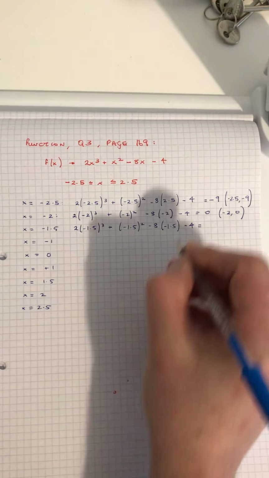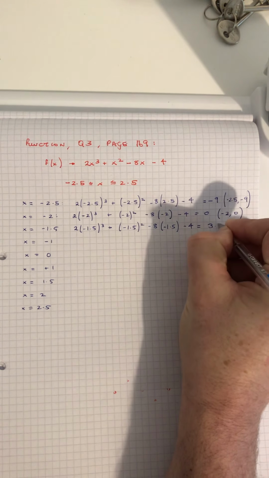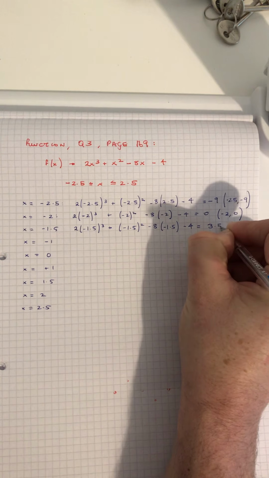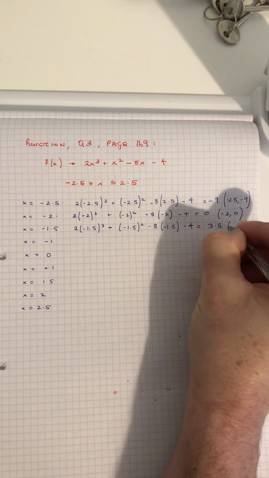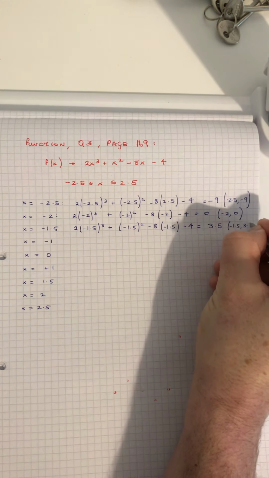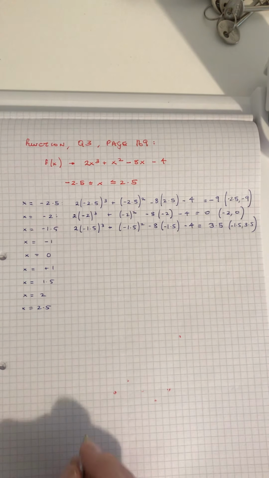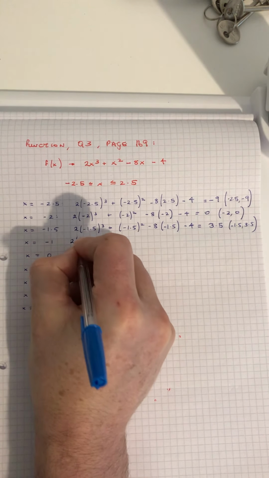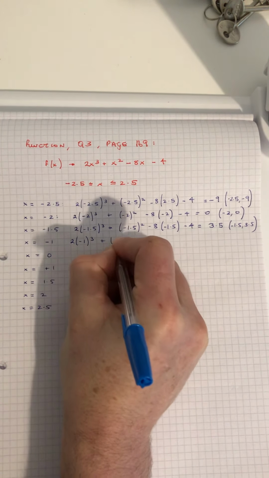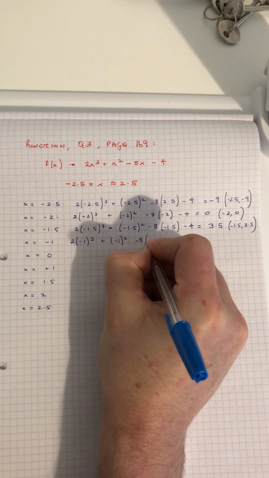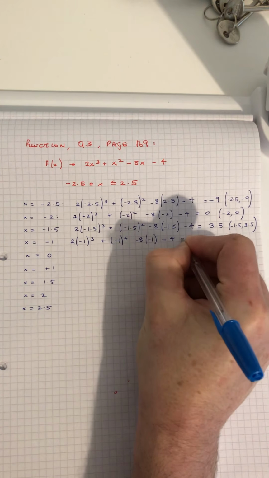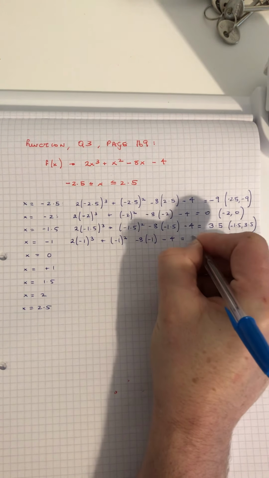And we get 3.5. So minus 1.5, 3.5. When x is minus 1, 2 times minus 1 cubed plus minus 1 squared minus 8 times minus 1 minus 4 gives me equal to 3.